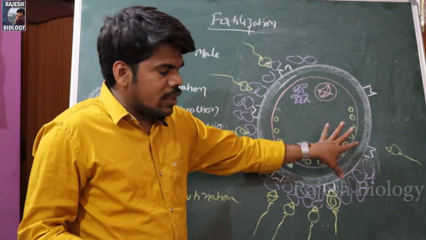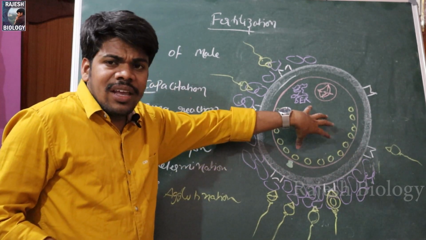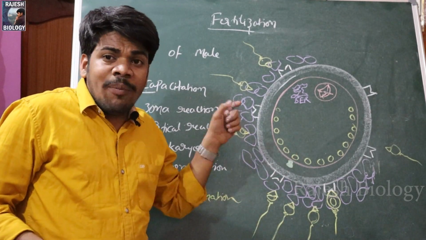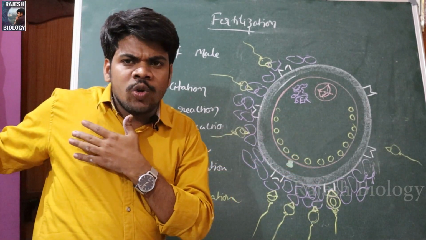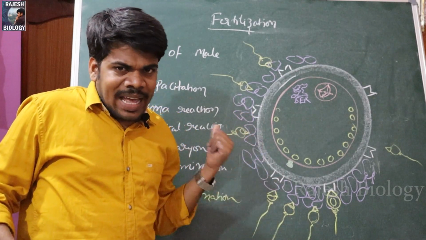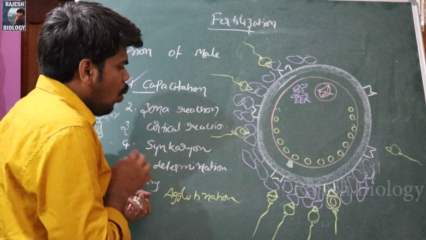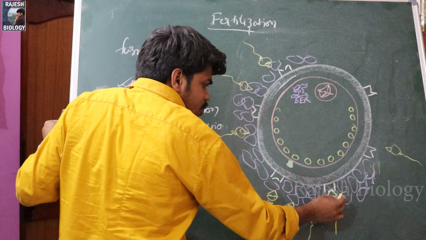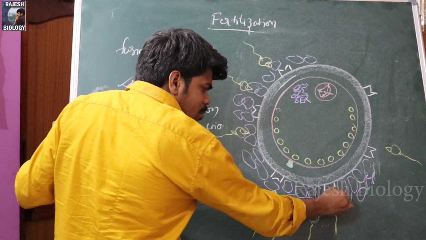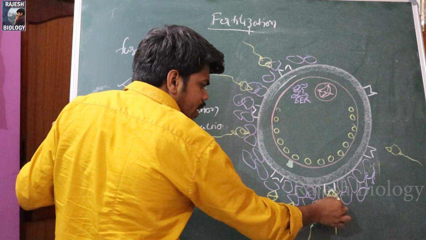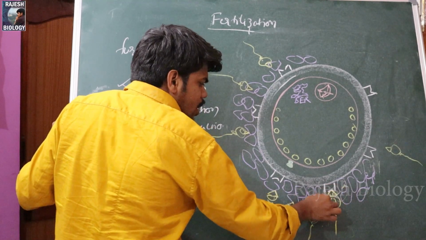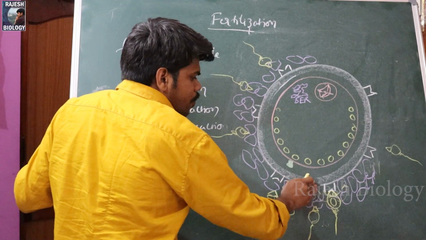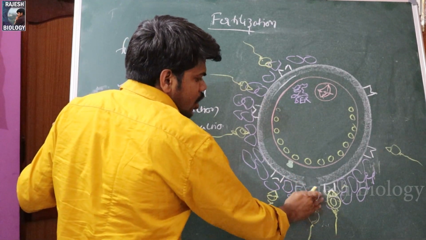Okay, now come to this topic. So the ovum is waiting in the ampullary isthmic junction, and all these sperm cells reach the ampullary isthmic junction of the right fallopian tube in our class scenario. Now what happens when the sperm reaches here and touches this? Automatically some calcium ions enter, and it releases enzymes which can digest the zona pellucida.